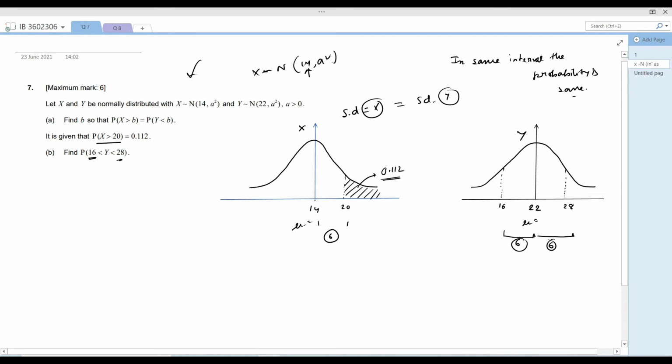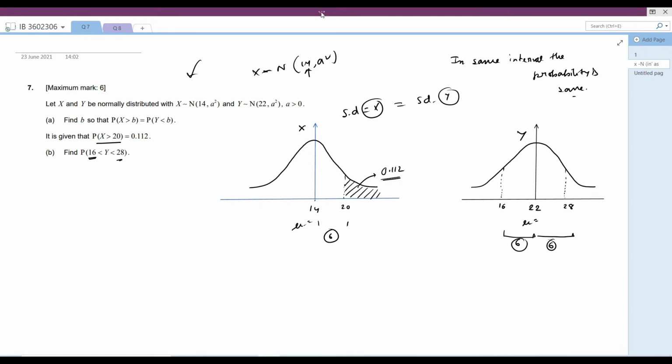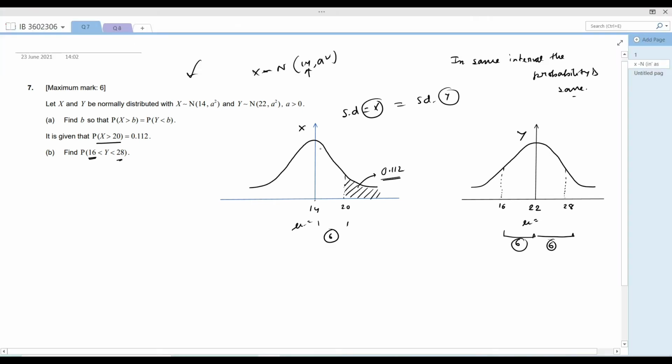It means the area of this particular portion, from 14 to 20, like in the 6 division, will be 0.5 minus 0.112, because we already know that from this point to here, the line divides the probability distribution graph into equal parts.